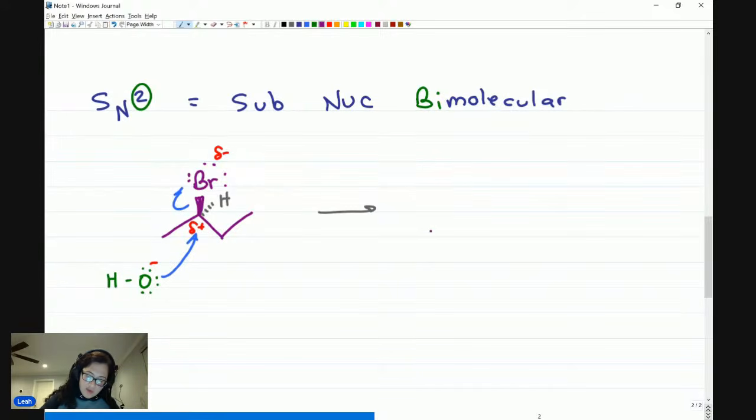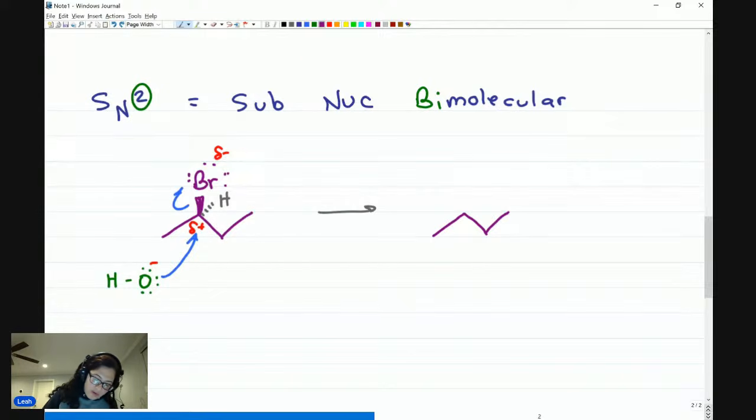What I get as a result, the carbon chain hasn't changed, but when oxygen came in, bromine was still attached. So bromine, facing forward on a wedge, got punched from behind. The oxygen couldn't come in from the front, so it came from behind, pushed the bromine out. And in the process, hydrogen also got pushed out of the way.